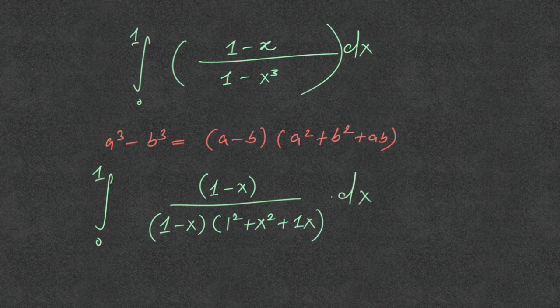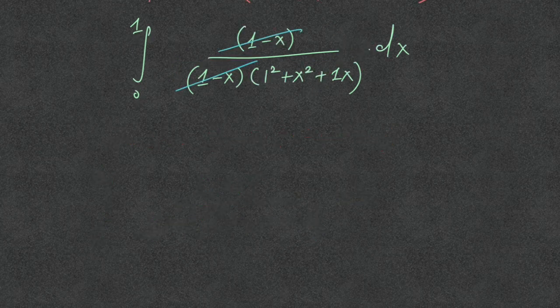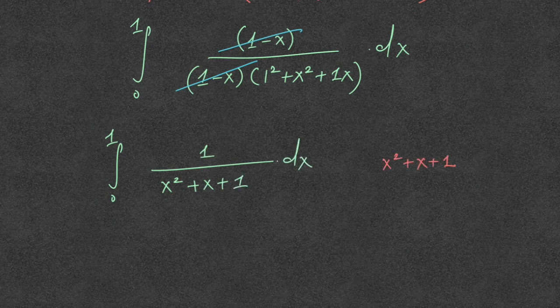Now cancelling the common terms 1 minus x, this becomes integral from 0 to 1 of 1 upon x square plus x plus 1 dx.